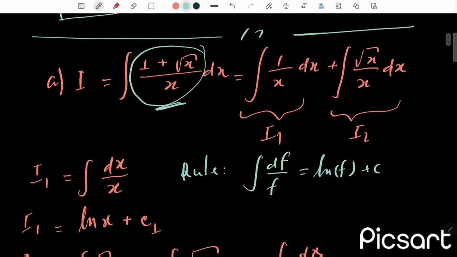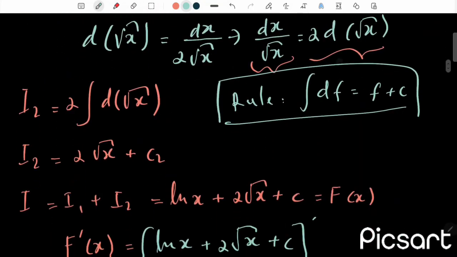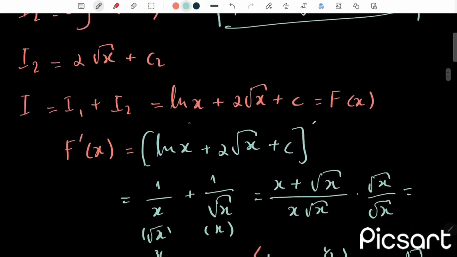Then this means that this is the solution for our problem.